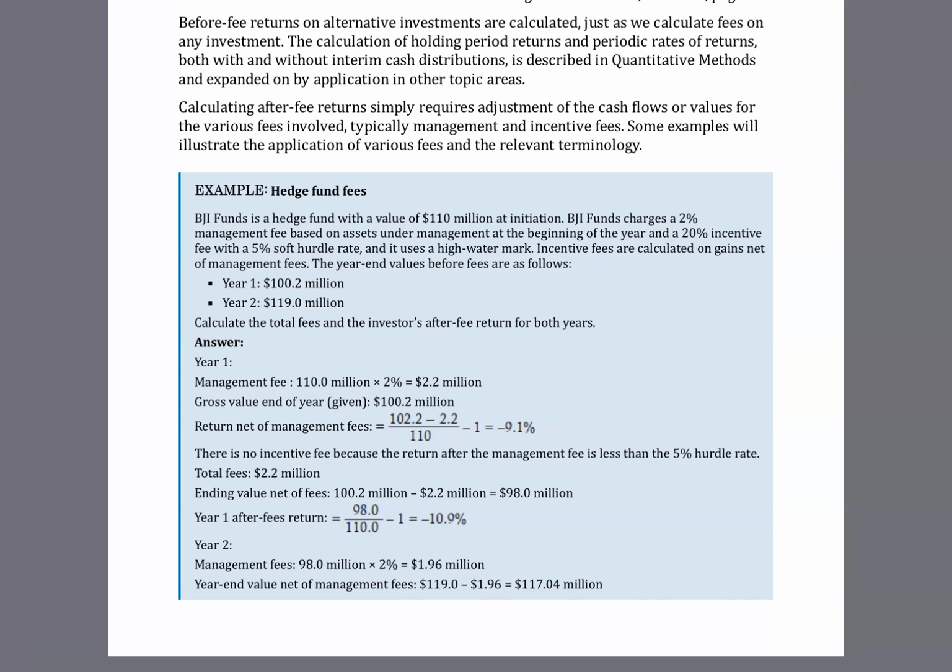Please, I'm asking a question. Please come again. I'm saying that from what I projected on the screen, should it be 102.2 minus 2.2 over 110, or should it be 102.2 minus that?